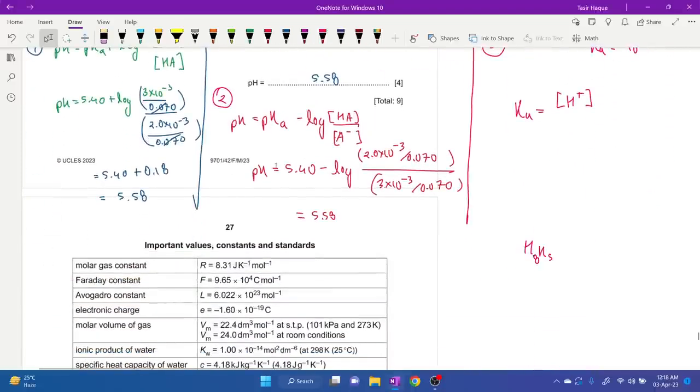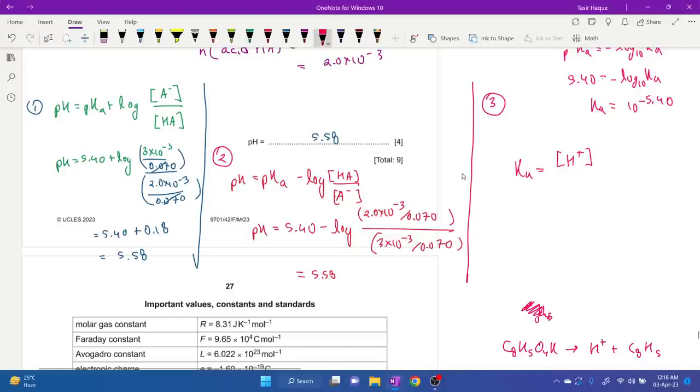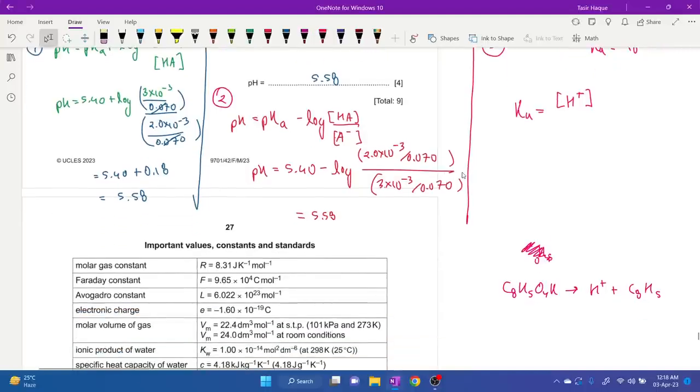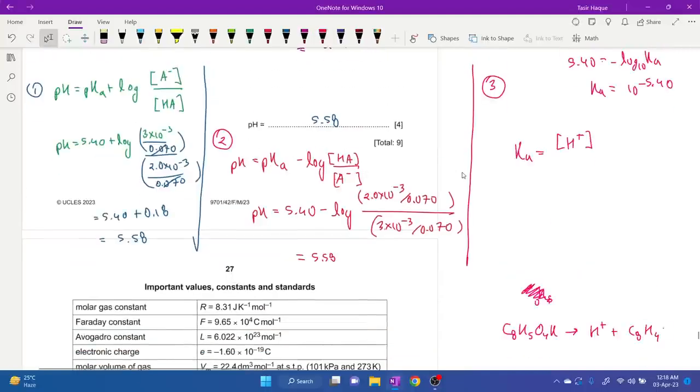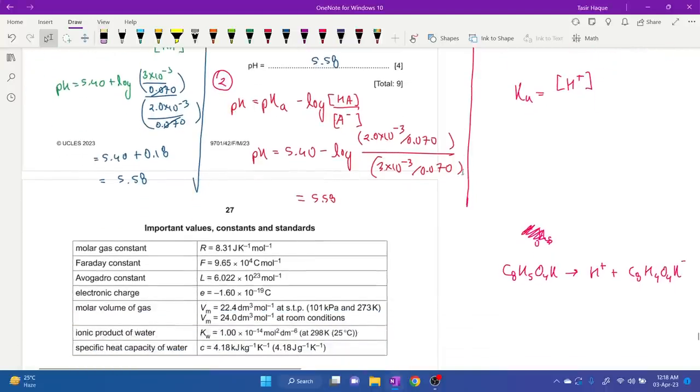Wait. Give me a sec. C8H5O4K. So what happens to it? It dissociates to form H plus and C8H4O4K minus. Okay, this is what happens.